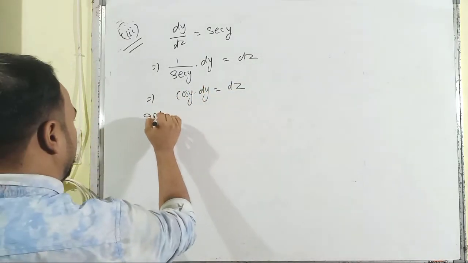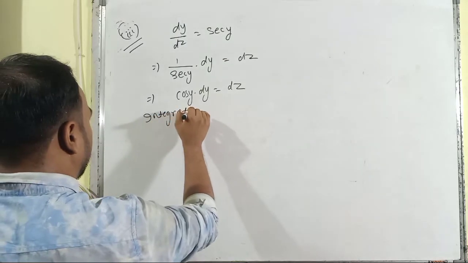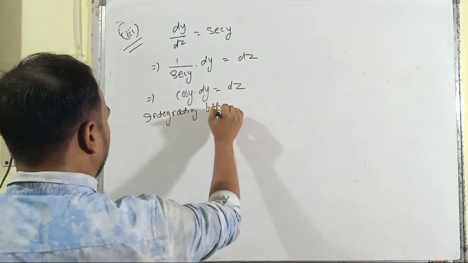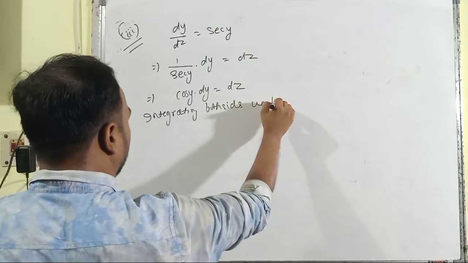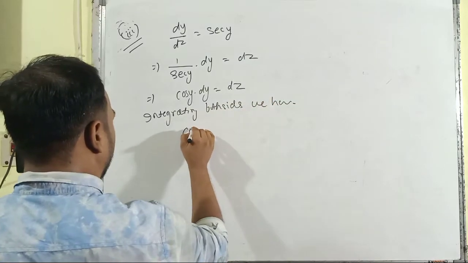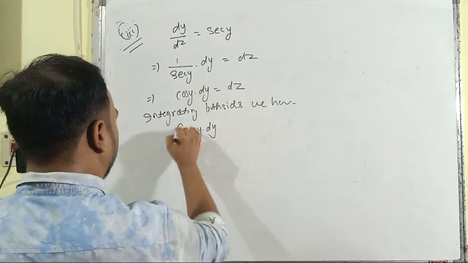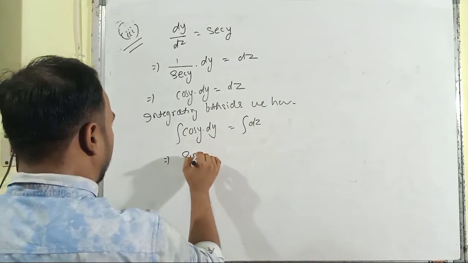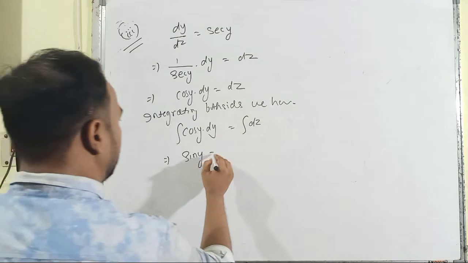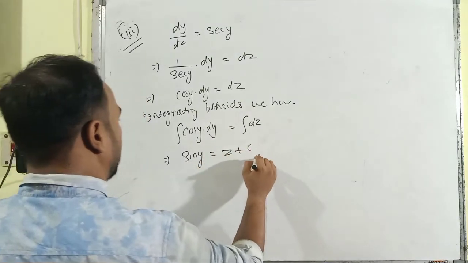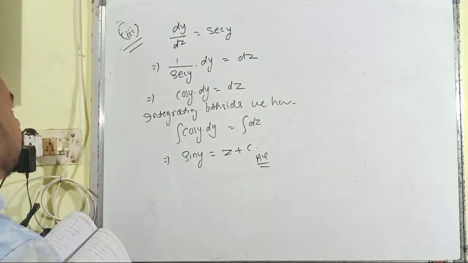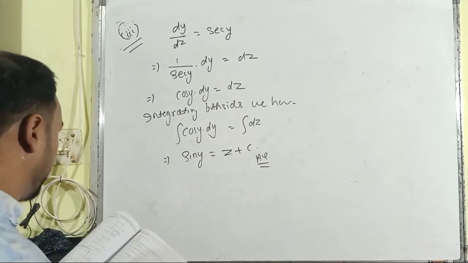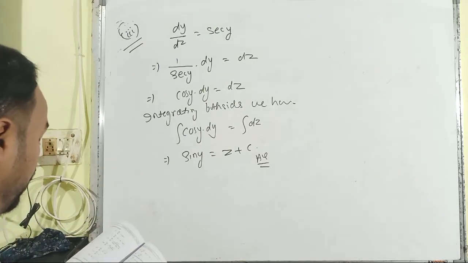Then integrating both sides, we have sin y is equal to z plus c, and this is your final answer of the third bit of number 4. Then moving towards the fourth bit.